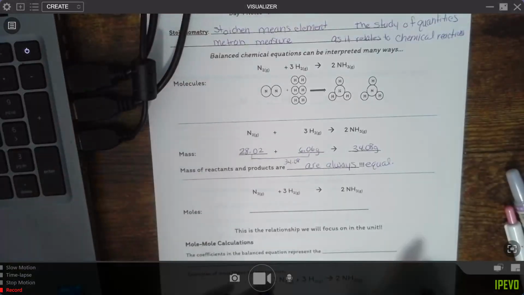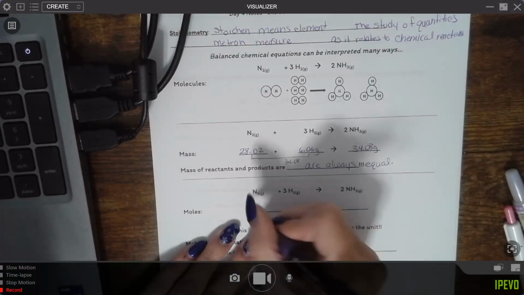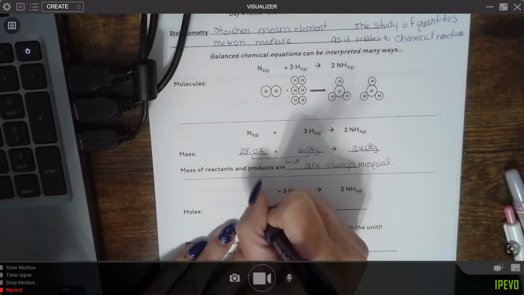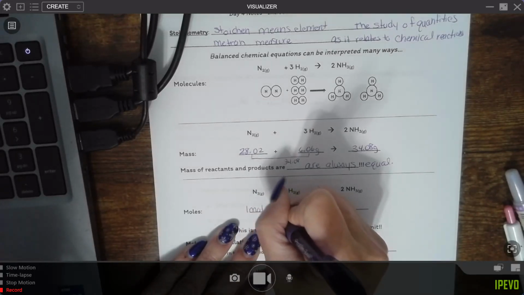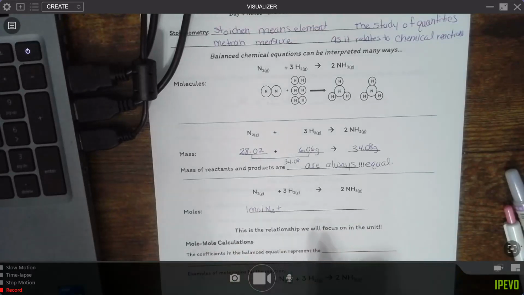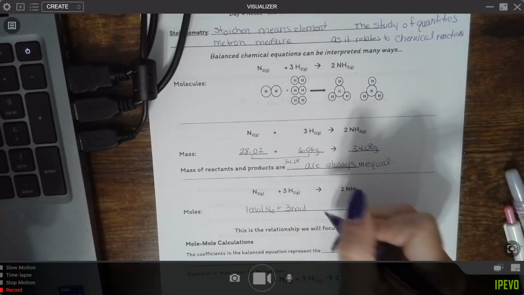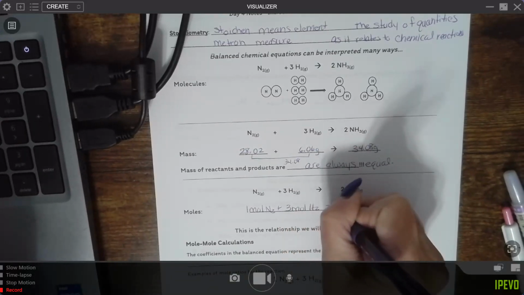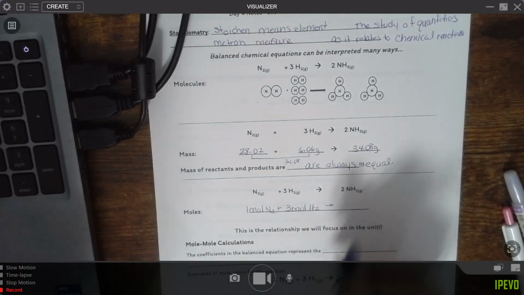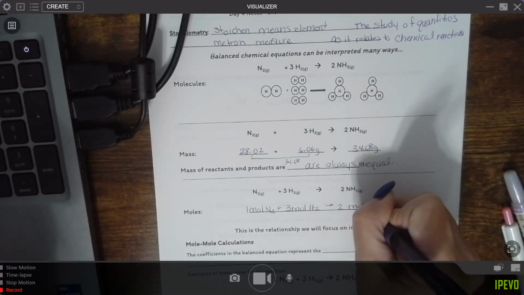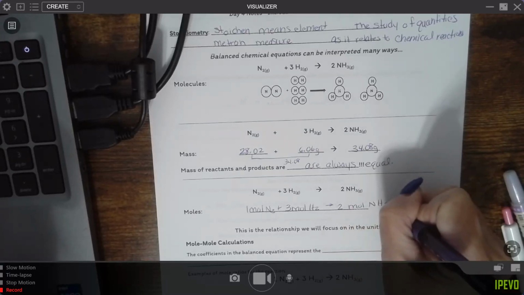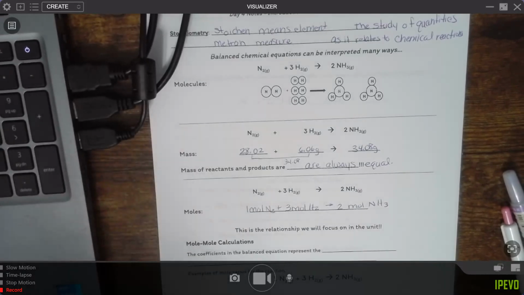So basically, I look at this equation and I say that I have 1 mole of N2, and I'm combining that with 3 moles of H2, and what I'm going to produce is 2 moles of NH3. So we can look at this and start to apply it to our balanced chemical equations and to measurements in the lab.